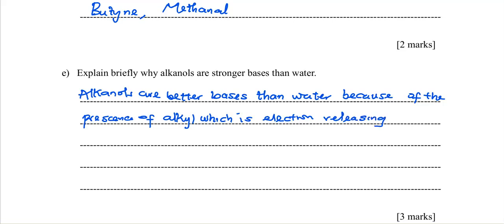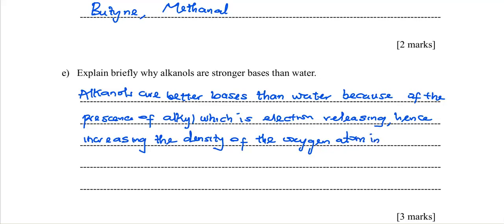So it has an electron releasing effect, or if you don't want to write that, you can write a positive inductive effect. So because alkyl groups tend to release electrons, they have this positive inductive effect on the whole structure, hence increasing the electron density of the oxygen atom in alkanols.